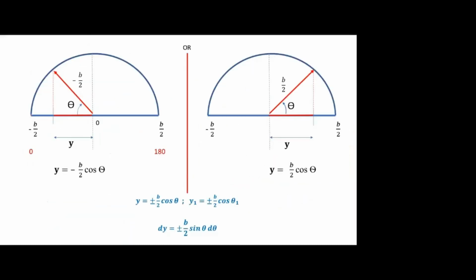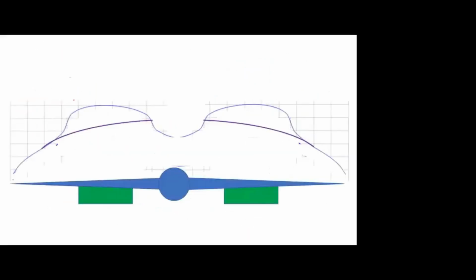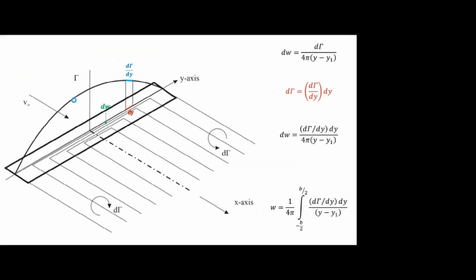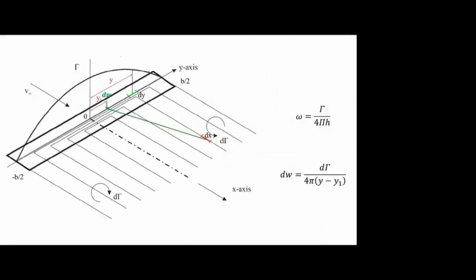Okay, so assume this is the wingspan. Center point is 0, both sides b by 2 and minus b by 2. And you know the distance we are measuring from the center only, the y distance. You can see center point is the reference point.